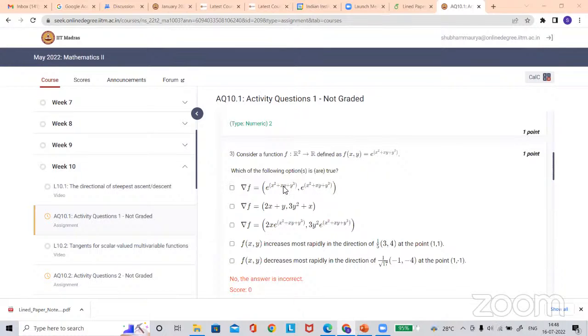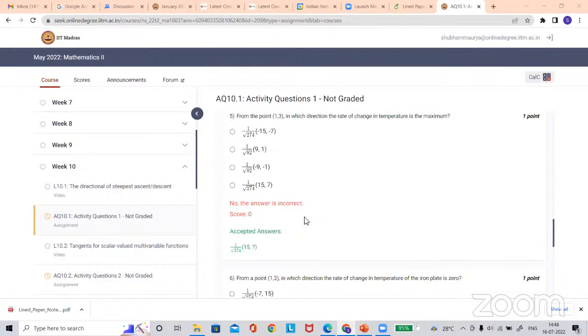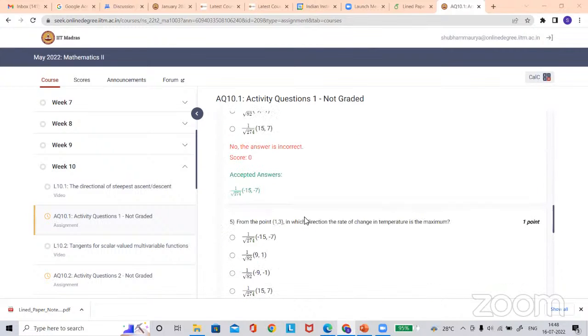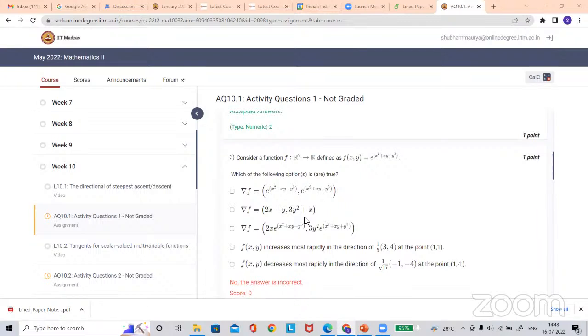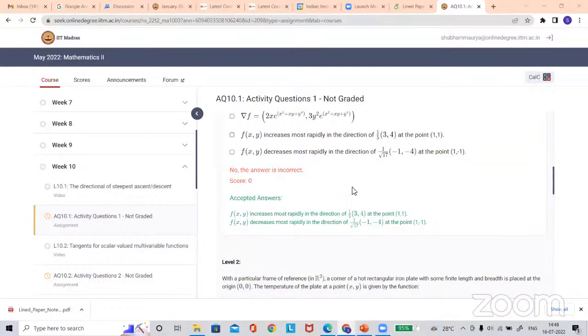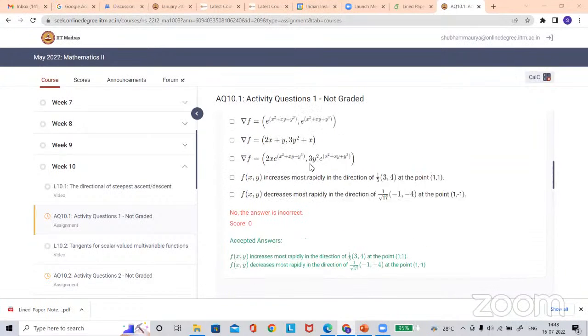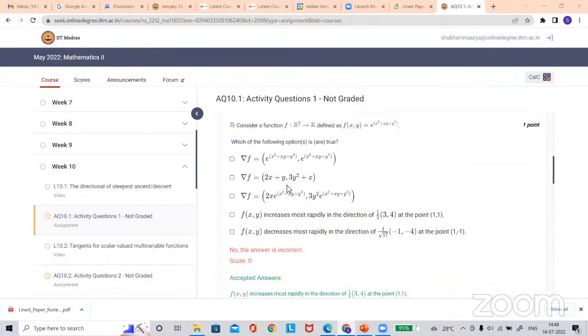I did the partial derivative, but that doesn't match. I did the calculation. Could you show the option answer? I think the answer would be the last 2. So maybe you get the partial derivative but are not able to go further.